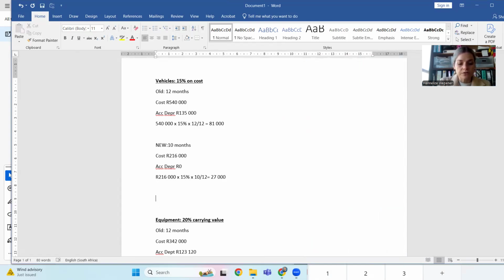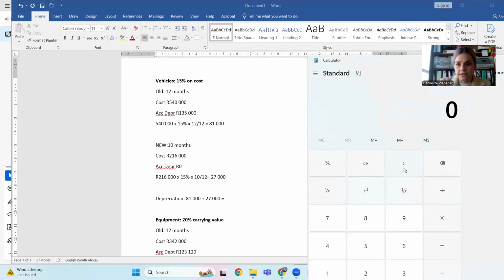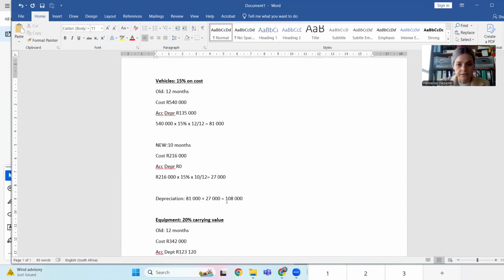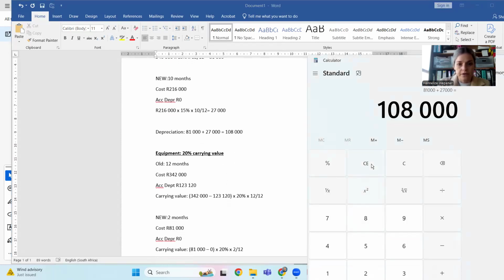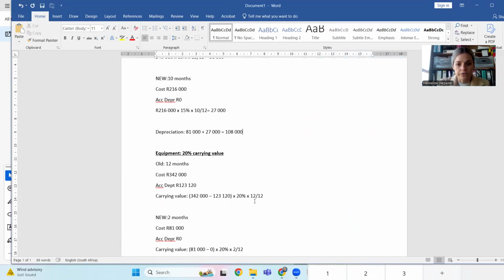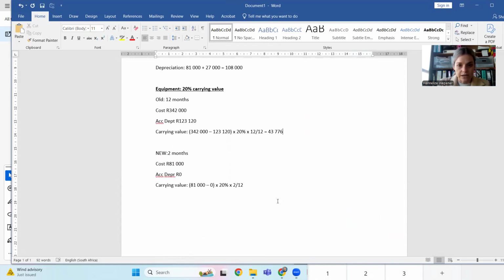So in other words, the total depreciation on vehicles is your 81,000 plus your 27,000, so 108,000 for my vehicles. Then for equipment, first calculate your carrying value times the rate, and you had this for the full financial year, so times 12 over 12, and that is 43,776 Rand.